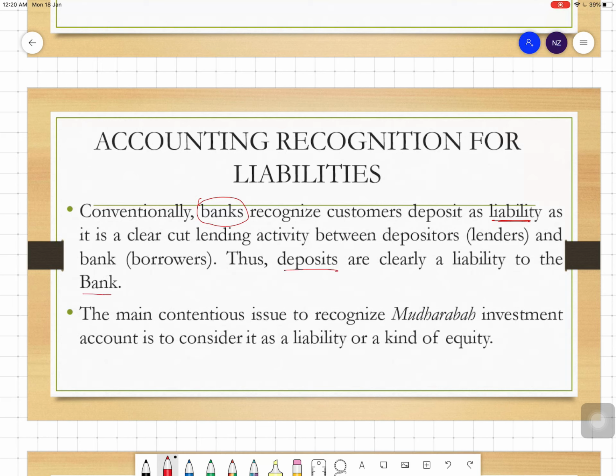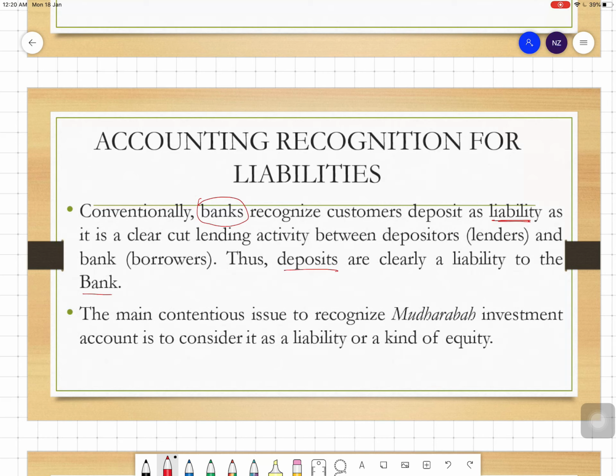This is a summarization of all the things that we have explained earlier. There is unrestricted, restricted, term deposit, saving and current deposit, investment deposit, all of those are one of the bank's liabilities. Where the depositors are the lenders, and the bank is the borrower of the funds.